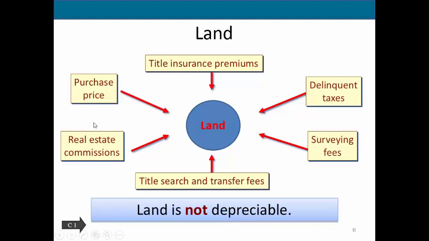The purchase price, again, any type of real estate commissions, any type of title insurance or title and transfer fees. If we have survey fees or if there are any kind of delinquent taxes that the previous owner needed to pay but had not, if we're going to be the ones that pay that, all of those costs are going to go into the original value of that land.